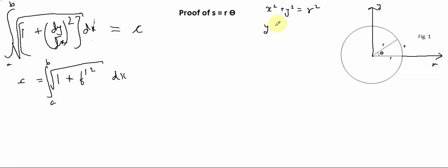So I can write y, which is our function, y which is f as a function of x, is equal to plus under root r square minus x square for this part.